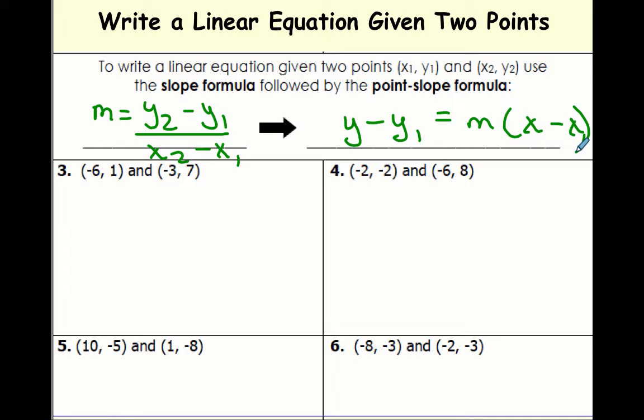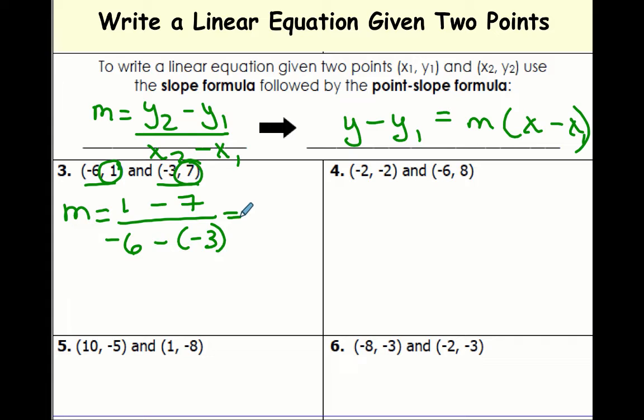First we have to figure out the slope for this problem because I don't know what it is. I just know that these 2 points are on the line. It doesn't matter which one's y2 and which one's y1. If I go in the order that they appear, 1 minus 7, then underneath, this 1 has to have its corresponding x, negative 6, minus the corresponding x for 7, which is negative 3.